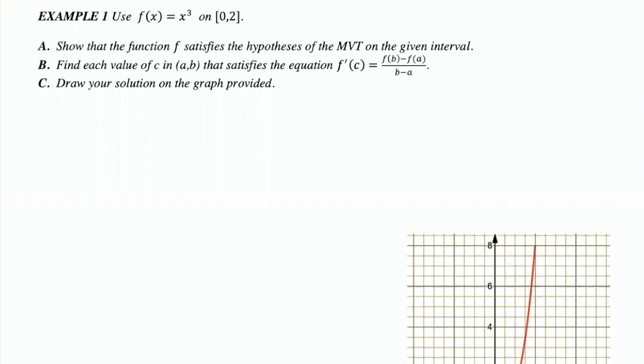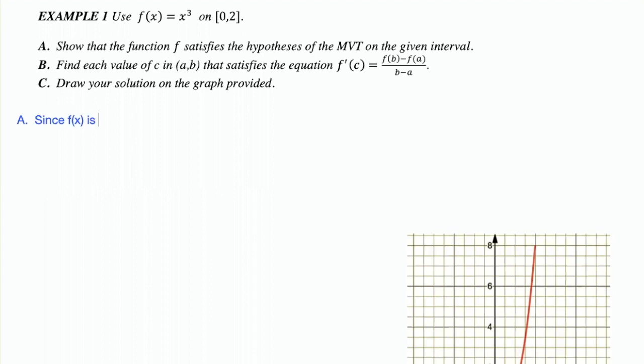and draw your solution on the graph provided. So the two conditions that we have to check for the mean value theorem are whether it's continuous on the closed interval and differentiable on the open interval. Because this is a polynomial function, it's an x cubed, it's very well behaved. So it is both continuous and differentiable.